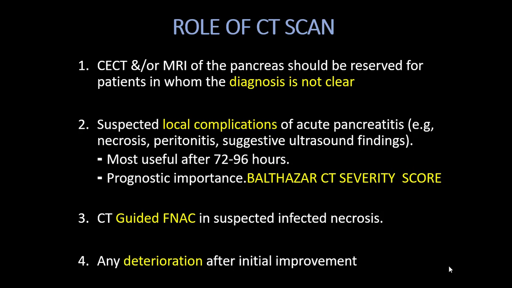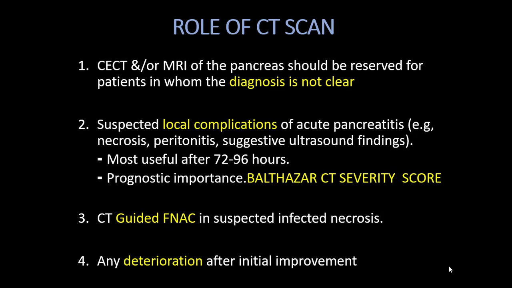And when you are suspecting local complications like necrosis, any fluid collection, or peritonitis, in that condition you can go for CT scan. But it should not be done within the 1 week of pancreatitis, because if you do it then, there will be no collection or necrosis. So it should be done after 1 week.